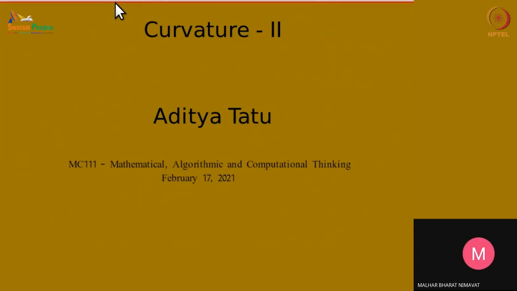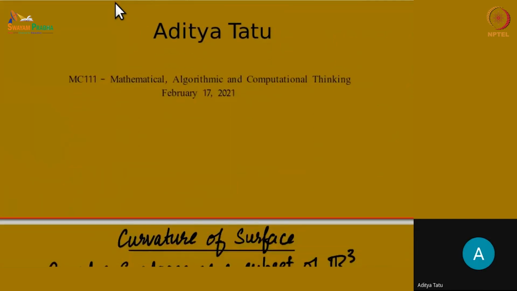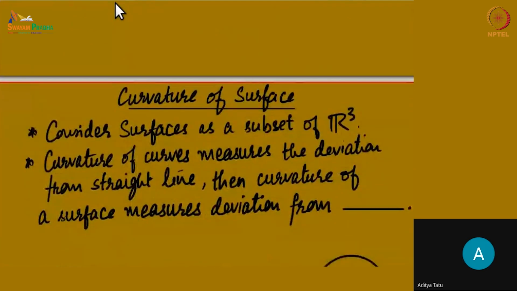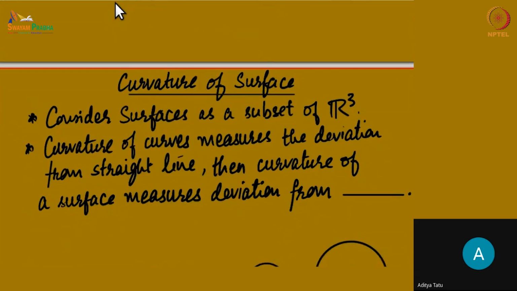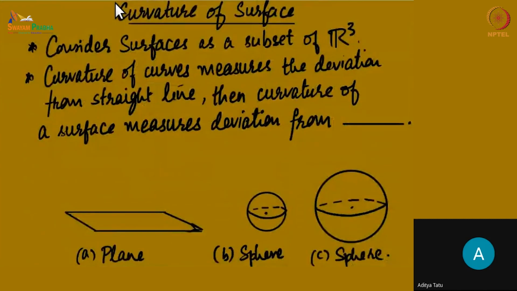So the second part of what I want to do is, we have discussed curvature of curves in a plane. Now, of course, let's extend what we have been discussing to curvature of surfaces. Begin with, and of course, for now, let's assume we are talking of surfaces of our day-to-day objects. The surface of the objects can be seen as a subset of our three-dimensional world, right?